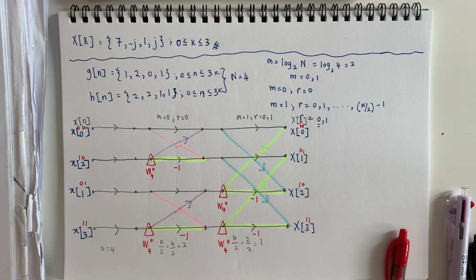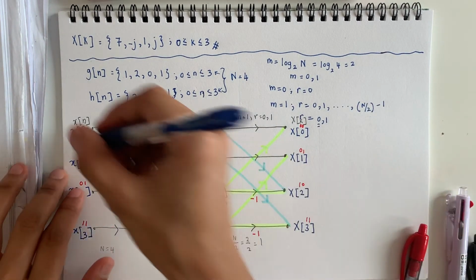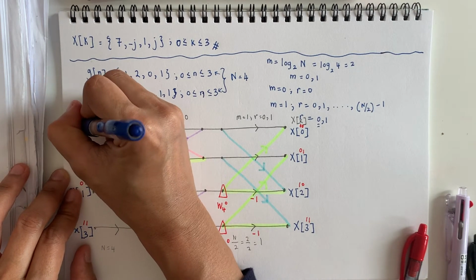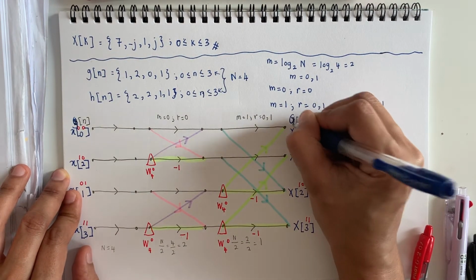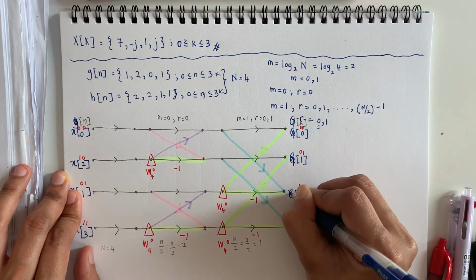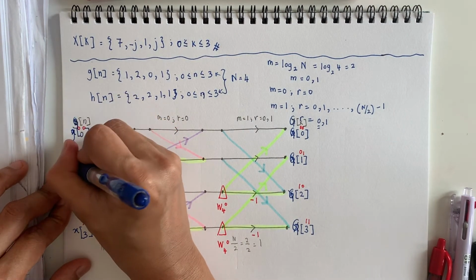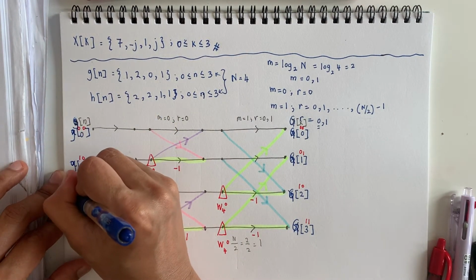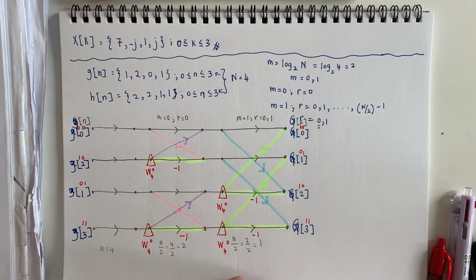Alright, so next, oh, not X, it is g. Sorry, it is small g, capital G. This is small g. Okay, sorry for my mistake.